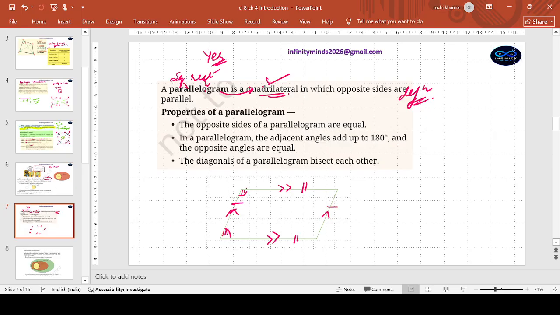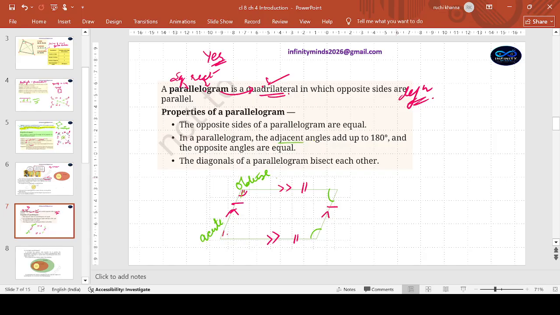If you notice, this is an obtuse angle and this is an acute angle. It is an acute-obtuse combination that one has in a parallelogram, and they would add up to 180 degrees. Very same for this side also.